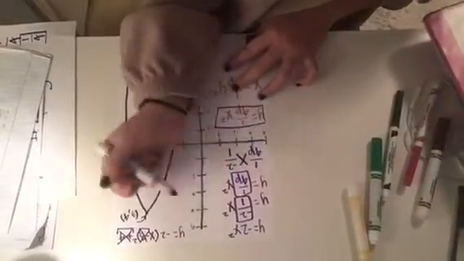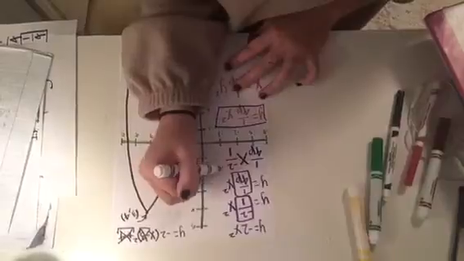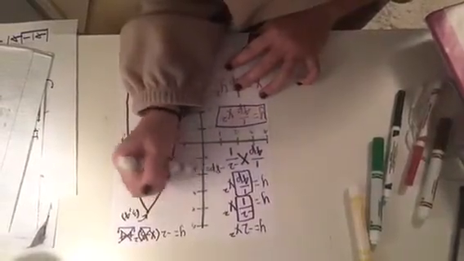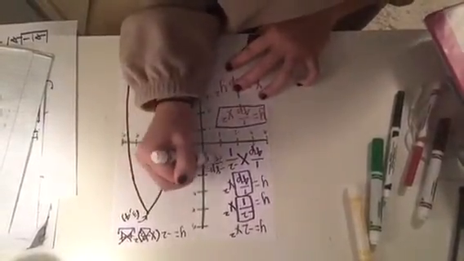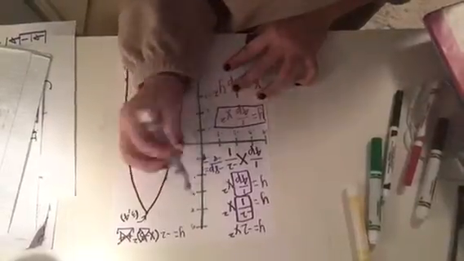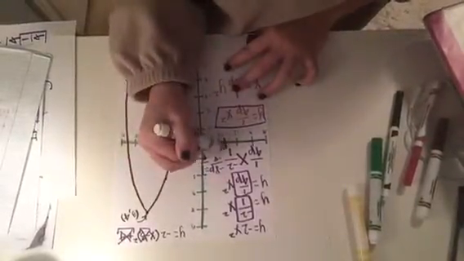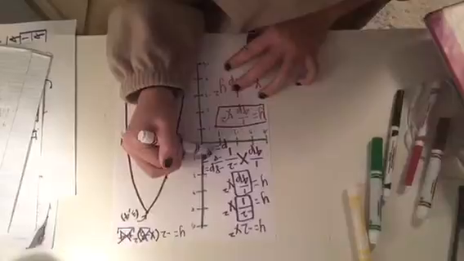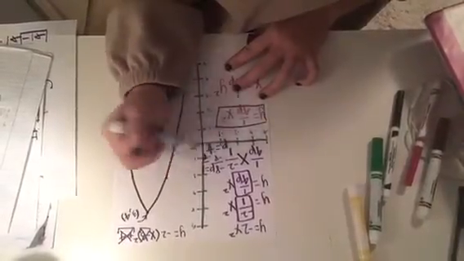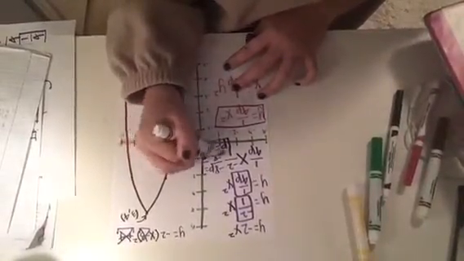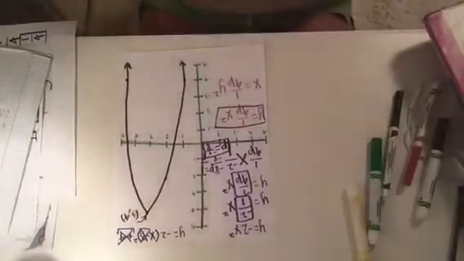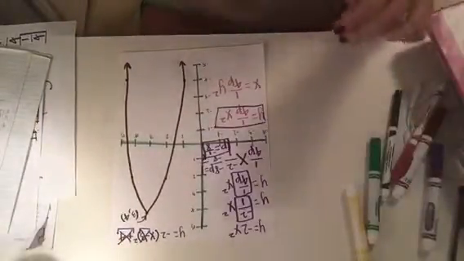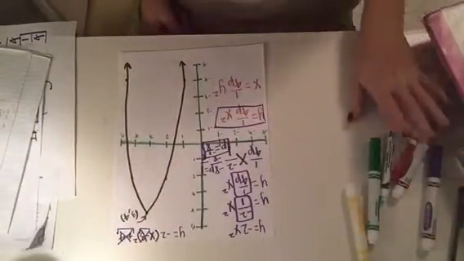If we cross multiply, then negative 8p equals 1. Divided by negative 8, divided by negative 8, and we're going to get p equals negative 1/8. So there is our distance to the focus and directrix from (3, 4).